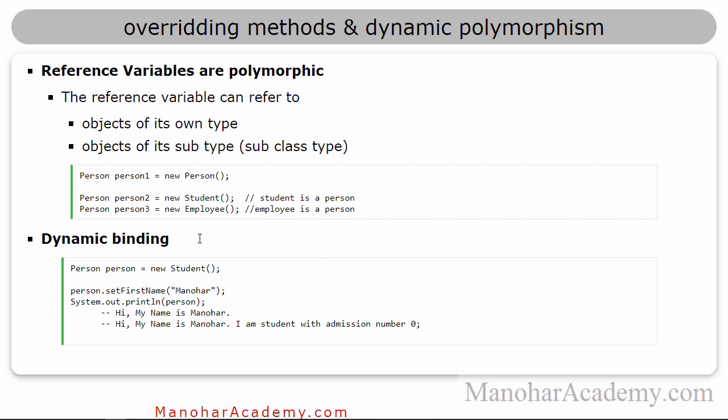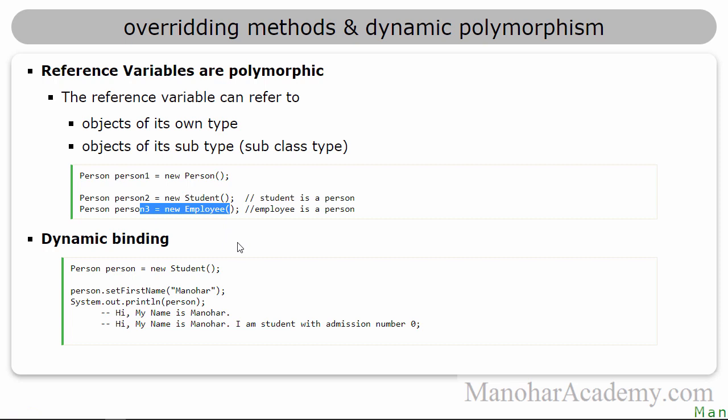Whenever you are calling that particular method which is overridden, the actual method that is called depends on the object type. For example, here we have person2 and person3. person2 is of type student, person3 is of type employee. So if you call the overridden method on person2, whatever overridden method is in student will be called, not what is present in the person class.